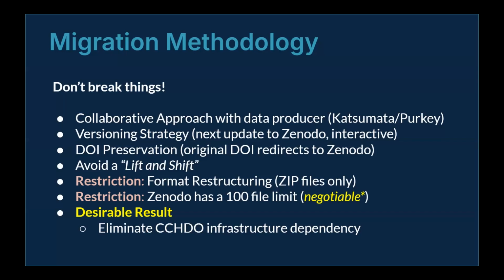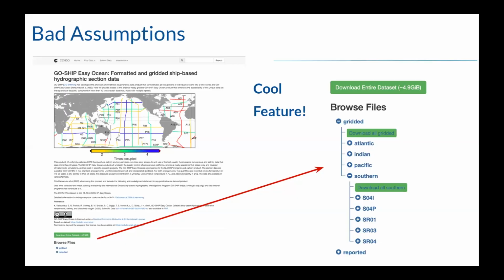And so we wanted to eliminate that CCHDO infrastructure dependency. One bad assumption that we had, and never talking to the users, and this is why it's great to have 3 people just going, users get to deal with it, let's just do it, is this ability to break things out by basin. So you can see in the Southern Ocean, we could go to the Indian, the Pacific, or any one of the repeat lines and just grab those.